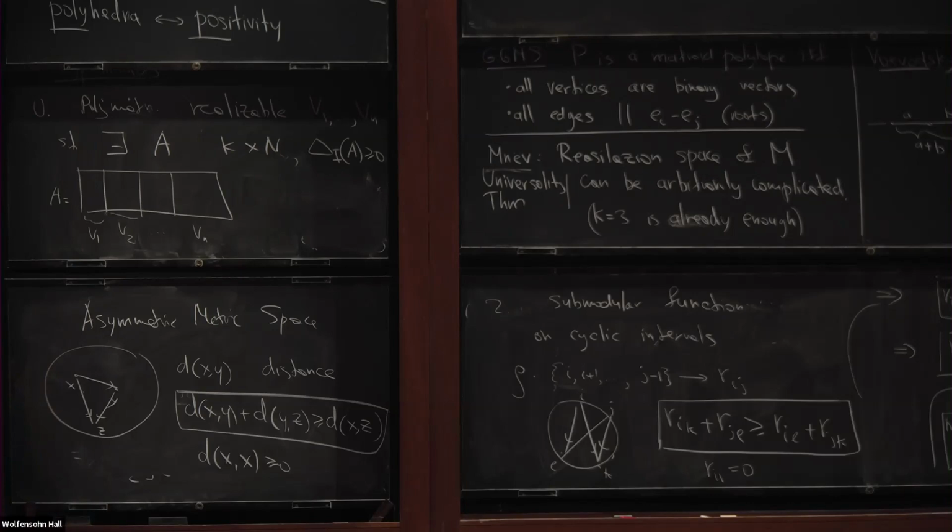It might actually be negative. That's fine with me, and we do want to allow negative distance. But from these inequalities, if you specialize z to x, there's one important corollary: d(x,y) plus d(y,x) is greater than or equal to 0. I want to call it no loopholes.